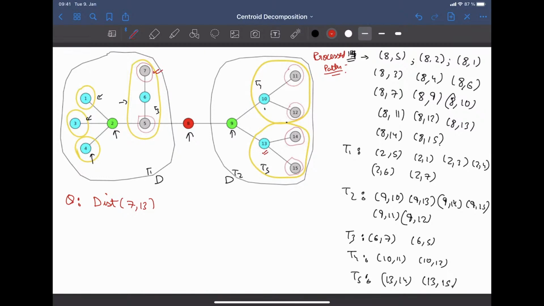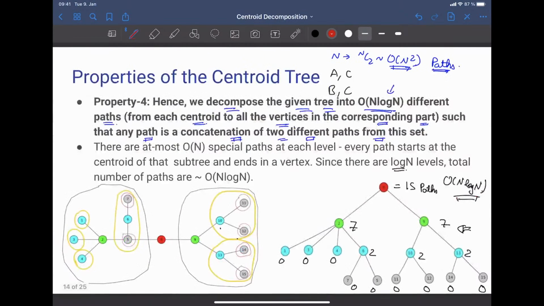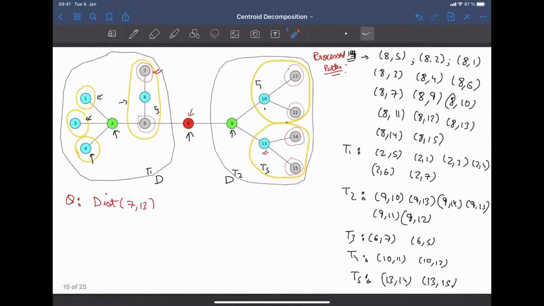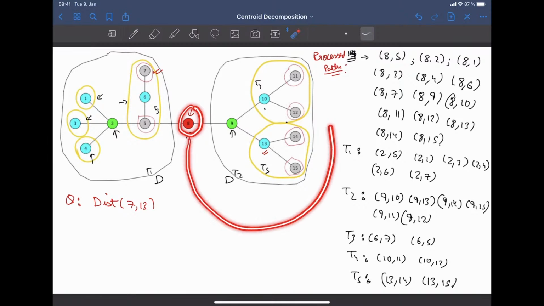Now for 13 and 7, what would be the LCA in the centroid tree? We don't even have the centroid tree in front of us, but we know that the LCA will be node 8. Node 13 and node 7, their LCA is node 8. So we should look at the set of processed paths which start at node 8, and we will find a path 8 comma 7 and 8 comma 13.